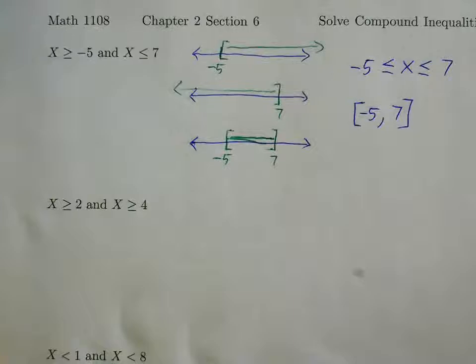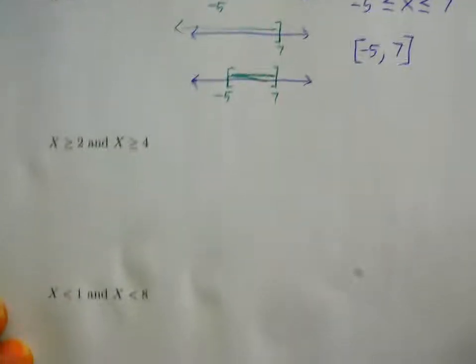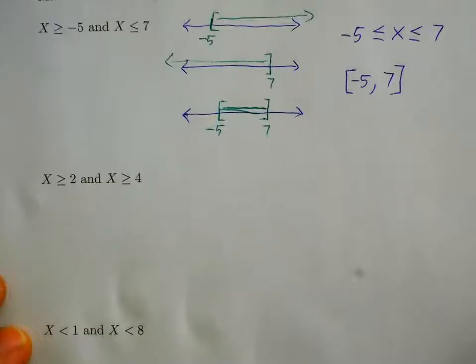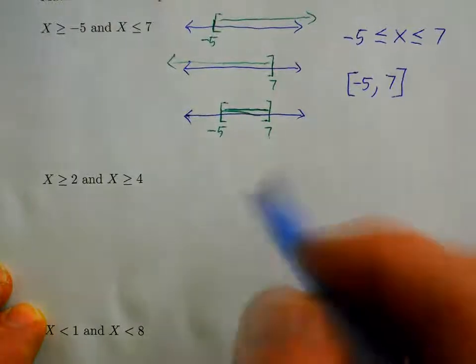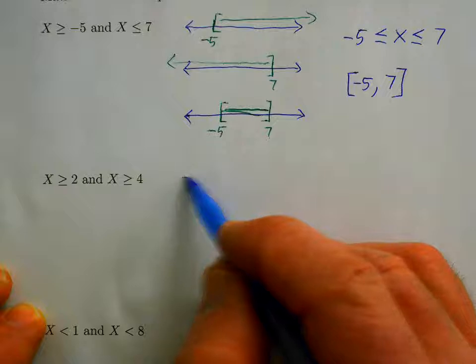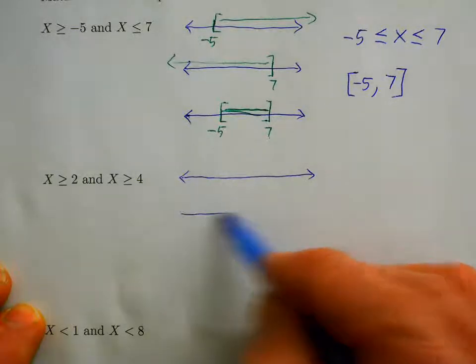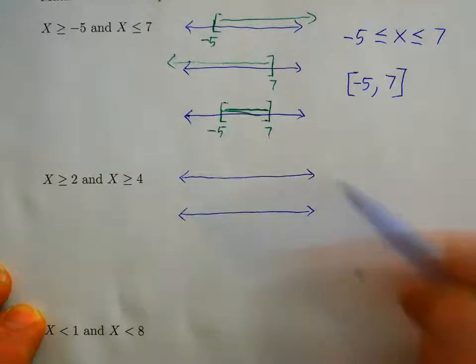Okay, the next one, x is greater than or equal to 2 and x is greater than or equal to 4. So let's do the number line overlap method.